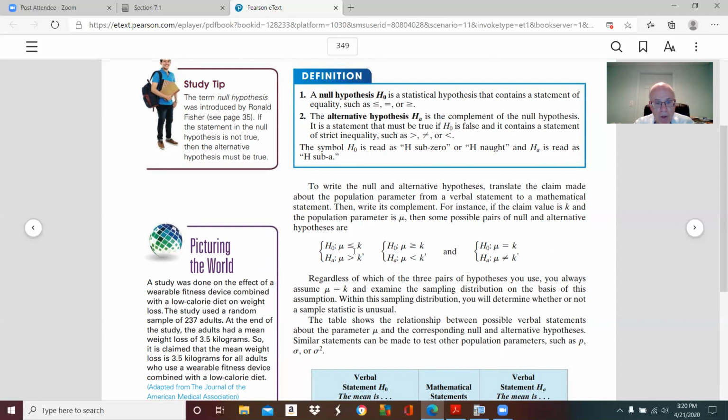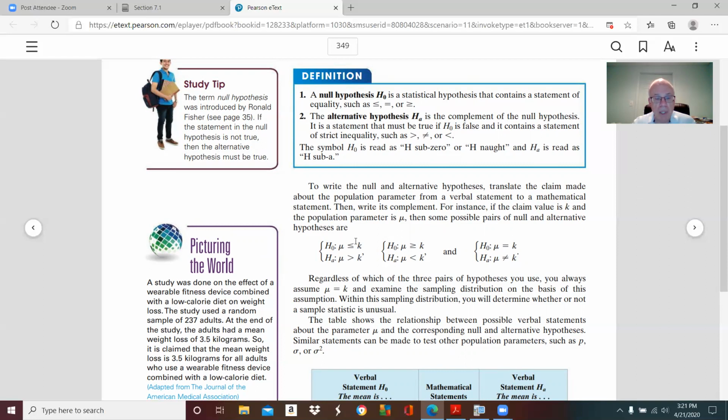Now the question is, if the null is less than or equal to, why is the alternative greater than? Well, the reason is because the greater than is the complement of less than or equal to, right? If you say the height is less than or equal to 7, then the complement of it would be greater than 7 to include all possible numbers.